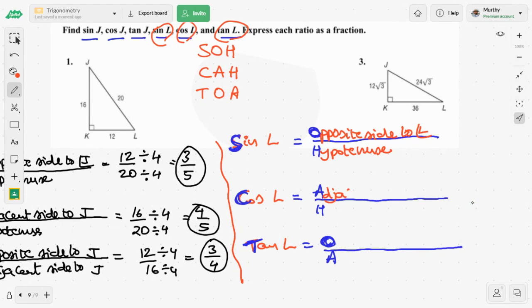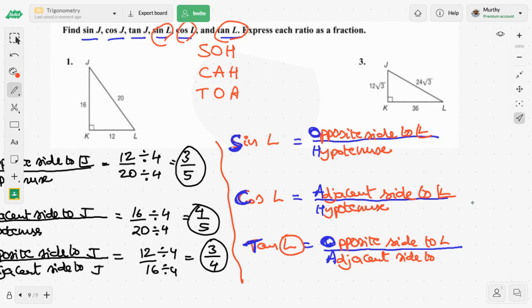Then next, CAH, it is the adjacent side to L over H for hypotenuse. Tan is opposite side, please remember we are dealing with this, therefore opposite to L over adjacent side to L.